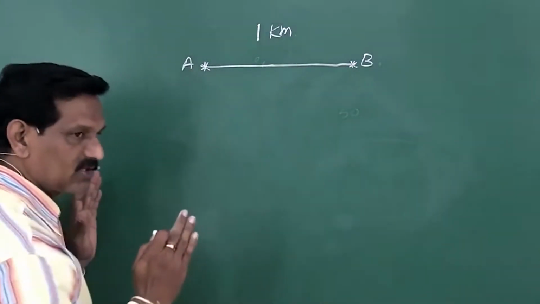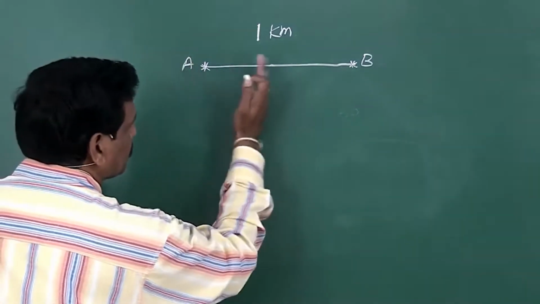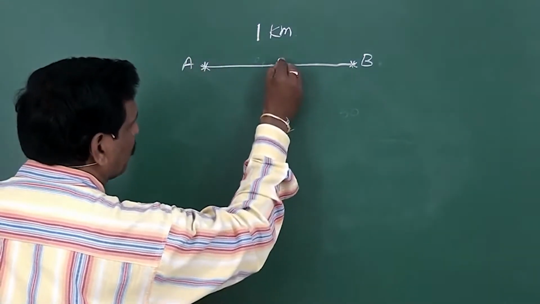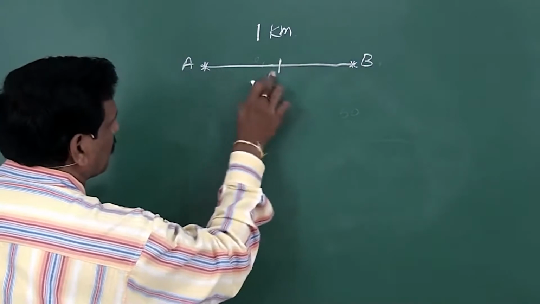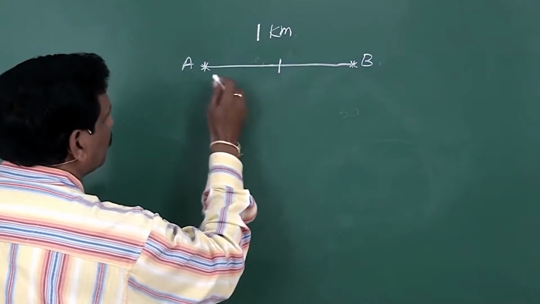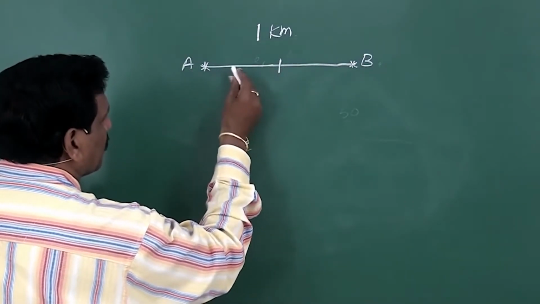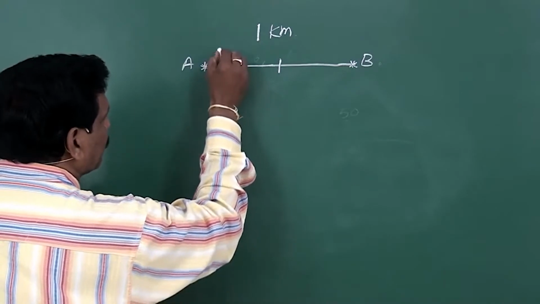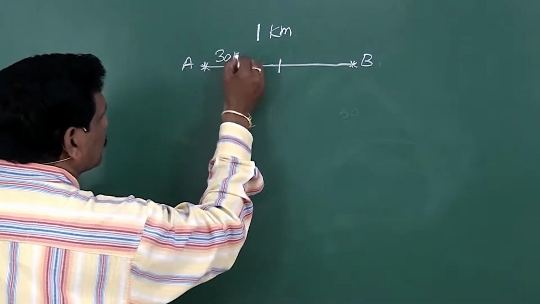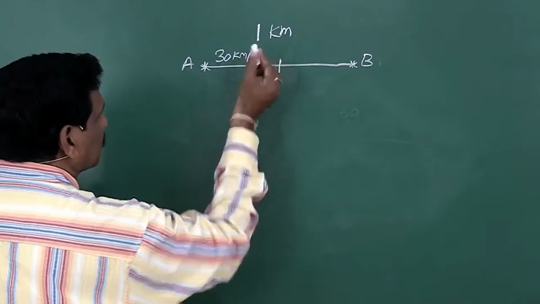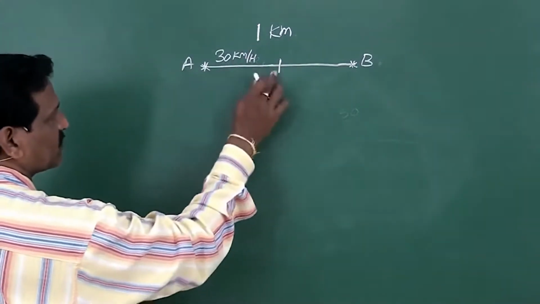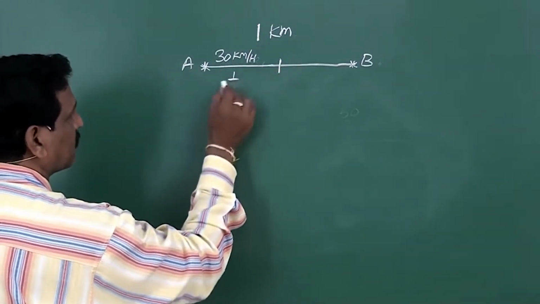Now this car travels the first half. First half means half of this distance, with a velocity or speed of 30 kmph, kilometer per hour. This is the first half. First half means half kilometer.